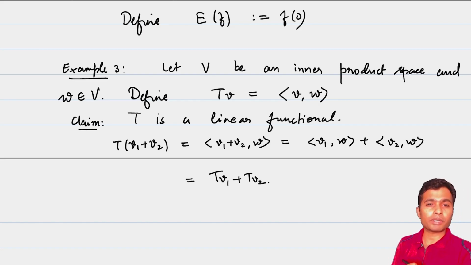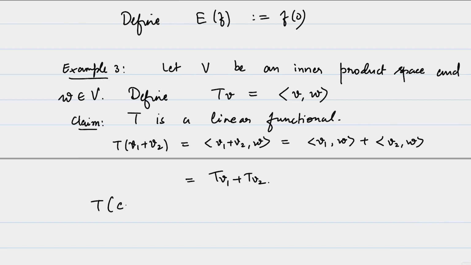So the additive property easily gets satisfied, for all v1, v2 in V. How about T of c times v? T of cv is the inner product of cv with W, and the linearity property of our inner product tells us that this is c times the inner product of v with W, which is c times T(v).